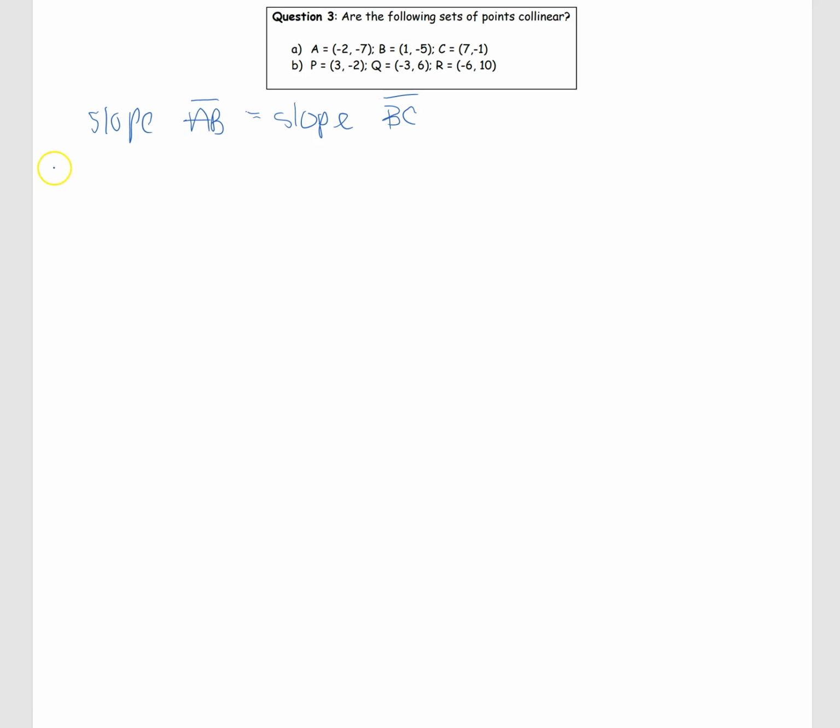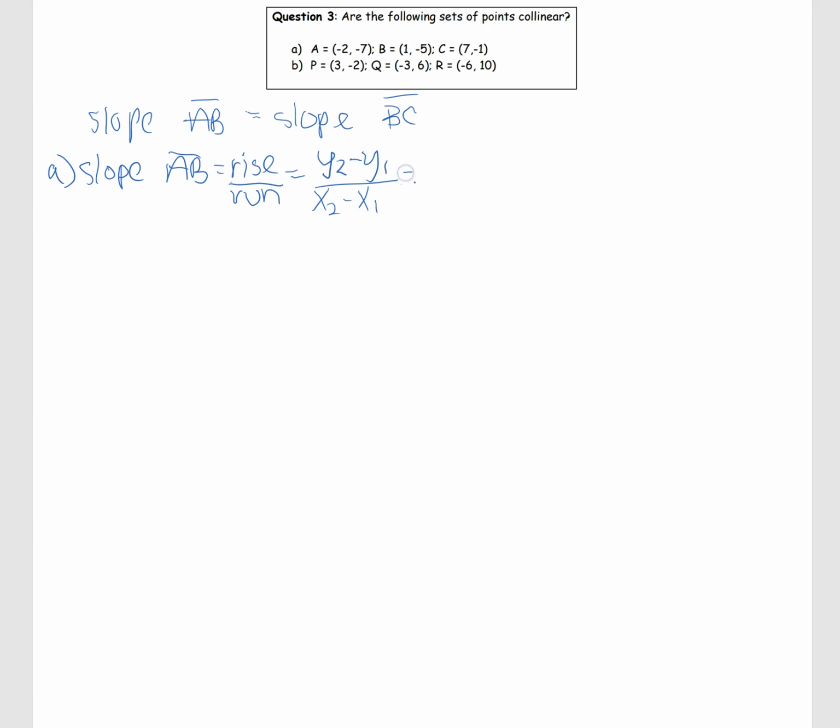I'm going to start with A, and I'm going to start with the slope of AB. Okay, so in this case, we know that the slope is equal to the rise over run of a line segment, which is equal to y2 minus y1 over x2 minus x1.